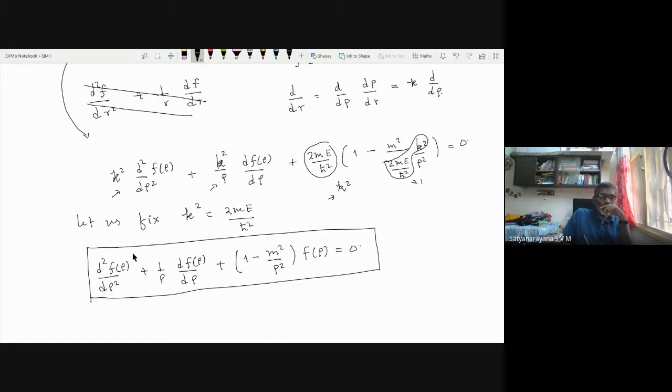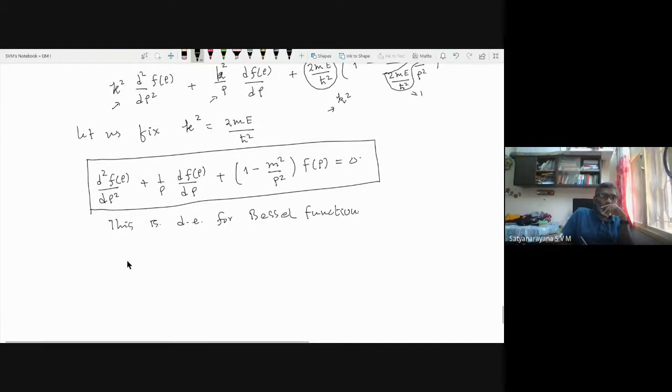So this is a differential equation for Bessel function. That means we have f of rho is equal to some J_L of rho. There will be a quantum number associated with this that we will call L.